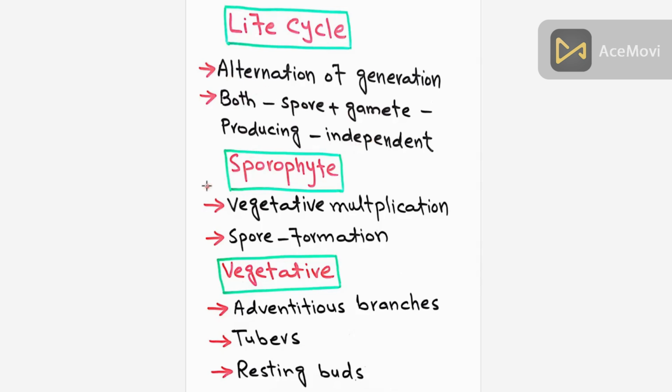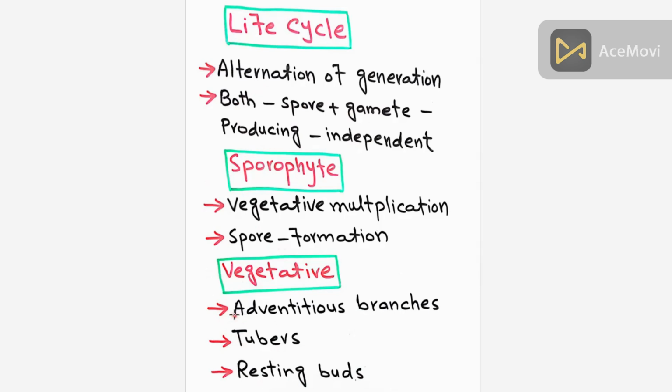Sporophyte. The sporophyte reproduces both by vegetative multiplication and spore formation. Vegetative multiplication occurs by three methods: adventitious branches, tubers, and resting buds.